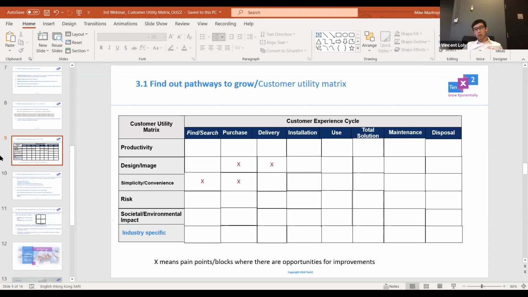Yeah. So actually, customer utility metrics is something that was confusing in the beginning for us. We tried doing it a few times, we tried the current utility metrics and so on.